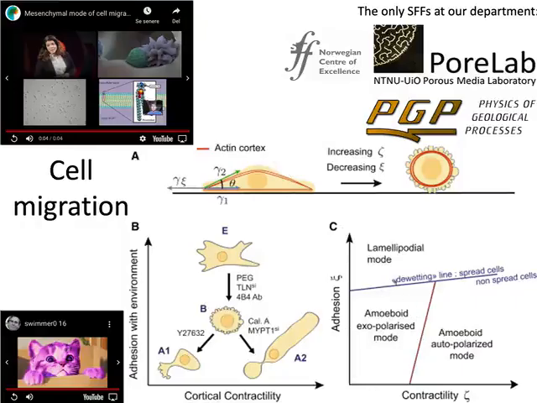And then when there's less adhesion, you have two other amoeboid modes, and they either are decided, polarized, which way to go by an active inside process or an outside process.